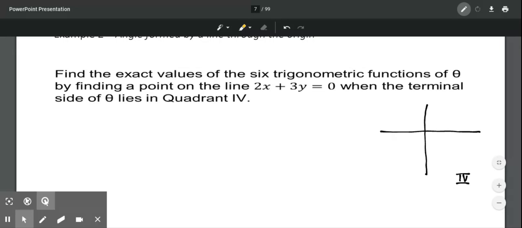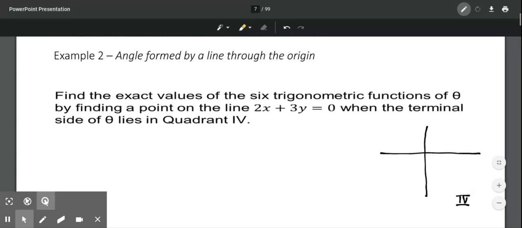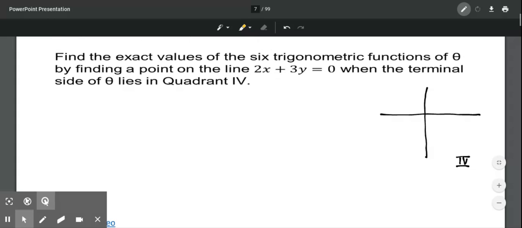And so we have a line, and we need the 6 trigonometric functions by finding a point on that line, right? So we have to figure out a point on this line. So here, if we have 2x plus 3y equals 0, we get 3y equals negative 2x, which means that y equals negative 2/3 x, right?